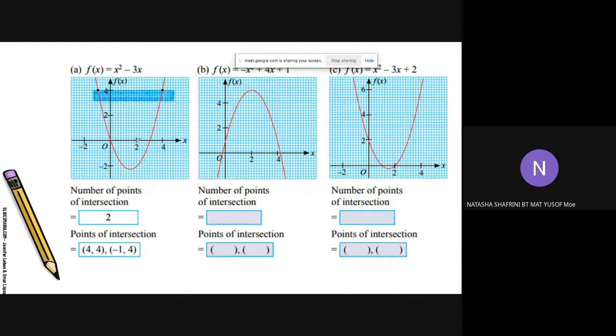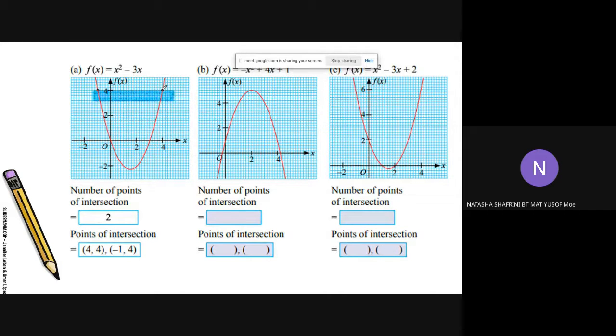Okay, so this quadratic function x square minus 3x. Kalau kita draw satu garisan dekat y equal to 4, kita lukis dekat sini, so you akan dapat two intersection point dekat sini.